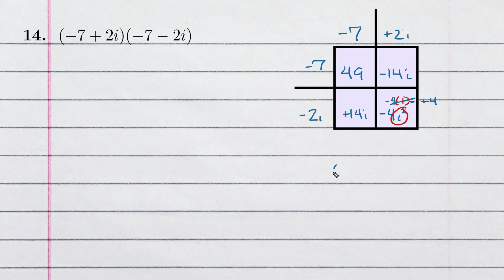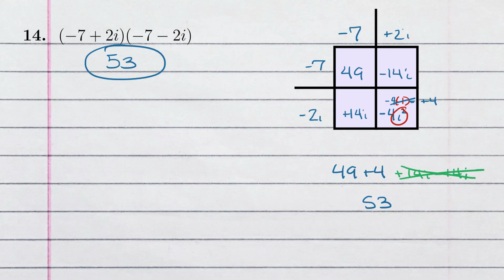So now we have 49 plus 4 as our real numbers, and our imaginary numbers are positive 14i minus 14i. And again, since we're multiplying conjugates, these will always cancel out. It's always good to double check to make sure you did everything correct. 49 plus 4 is 53. And so that's our answer, 53.